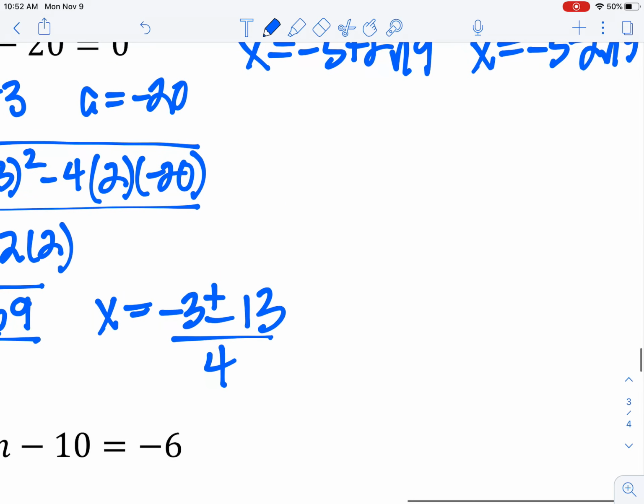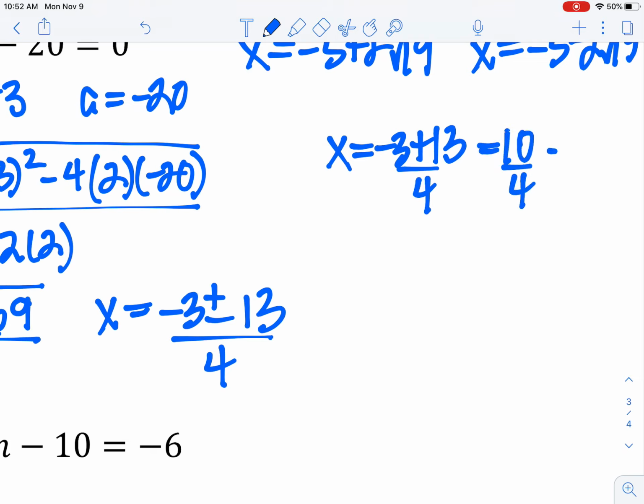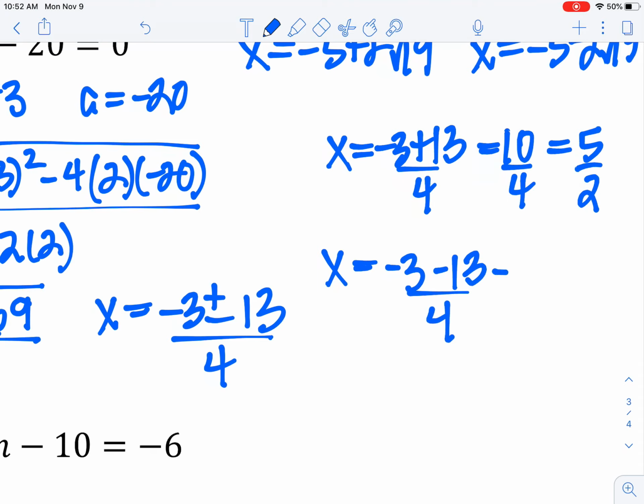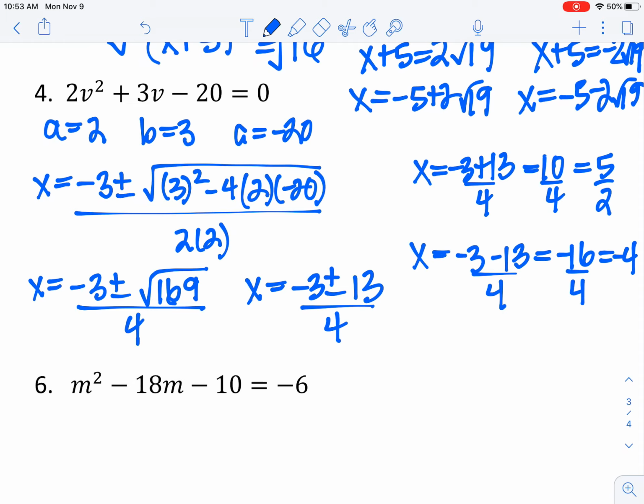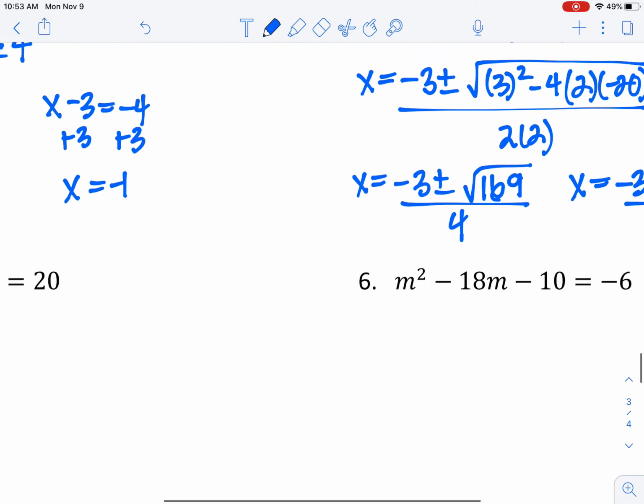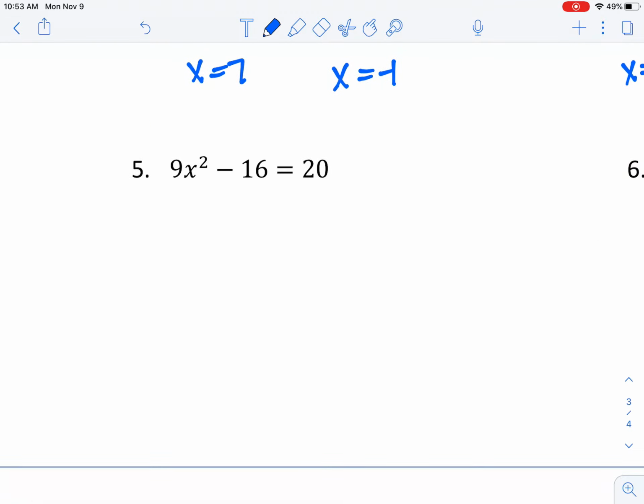So now, when I set up my two equations, I'll say x equals negative 3 plus 13 over 4 would be 10 over 4, or 5 halves. And then when I do negative 3 minus 13 over 4, I get negative 16 over 4, which is negative 4. Okay, you totally could have factored now that I see those answers. So if you did, awesome. Multiply to negative 40, add to 3. All right.